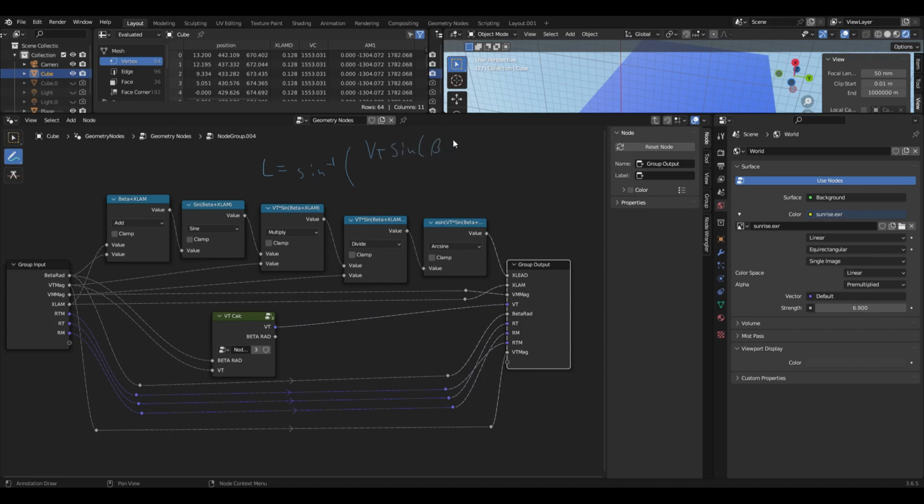But if I pass them through, it cleans things up. So first thing you do in here is there's an equation for the lead angle, which is the arcsine of this quantity, which is VT, and the sine of beta plus lambda. You can see I'm calculating that here.